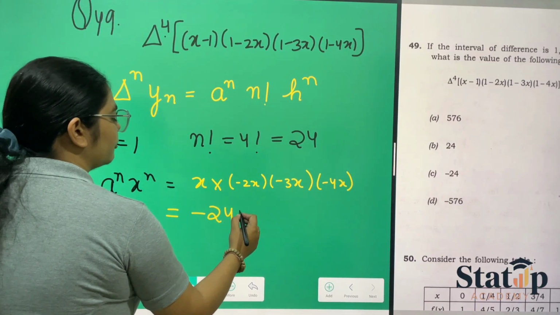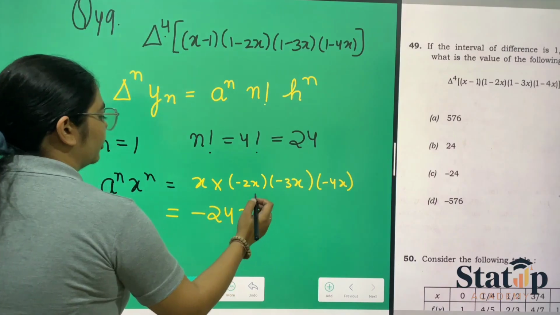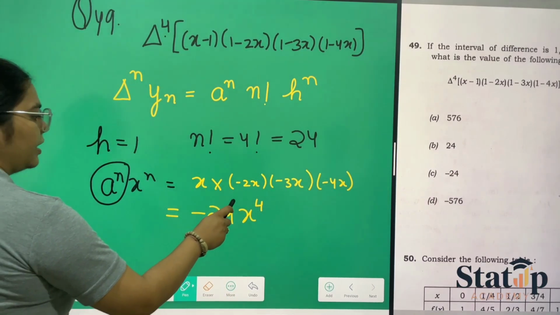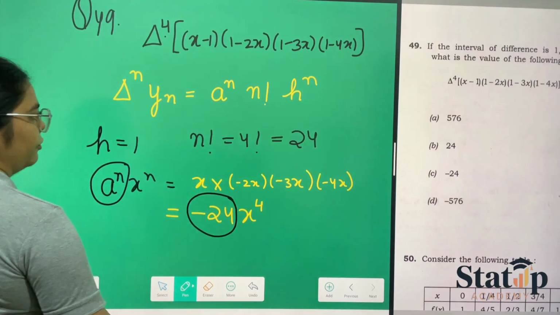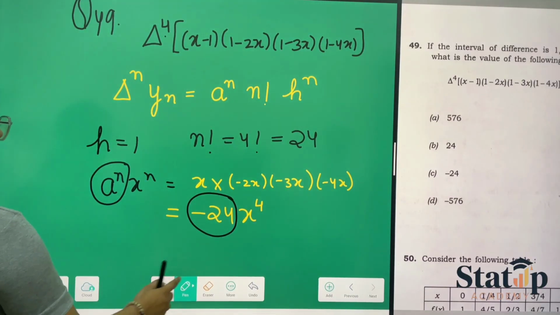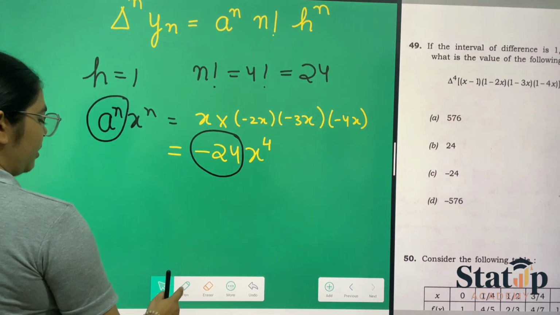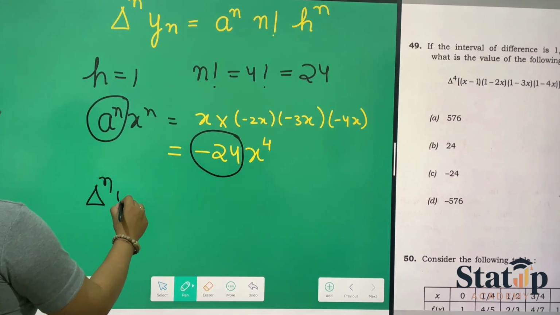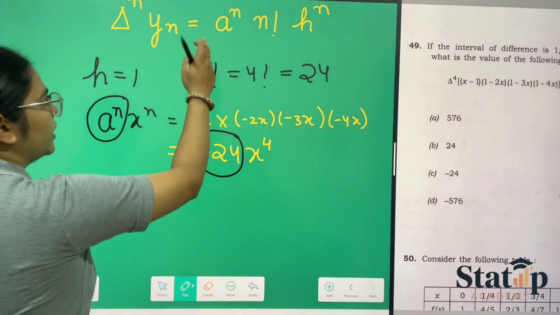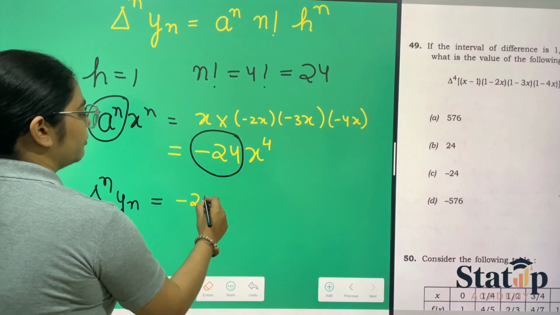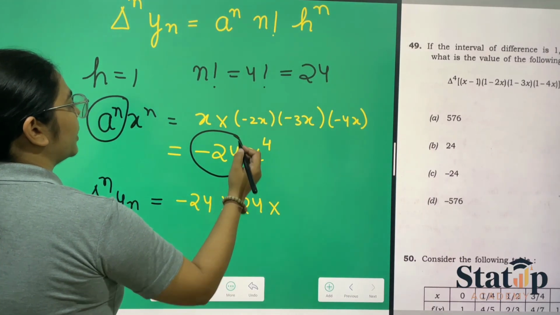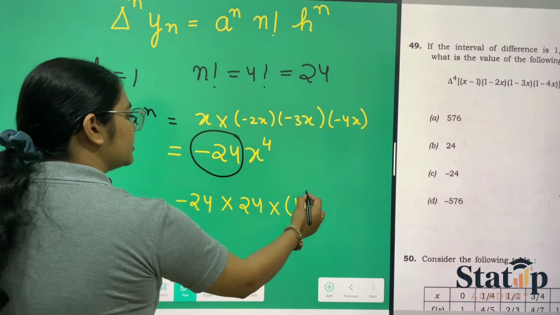So minus 24 x raised to the power 4, since a raised to the power n. So when we compare this, a raised to the power n is nothing but minus 24. Now we have to put it in the formula. By putting all the values in the formula, we get delta n y n equals a raised to the power n, which is minus 24, n factorial is 24, and h raised to the power n, which is 1 raised to the power 4, is 1 only.